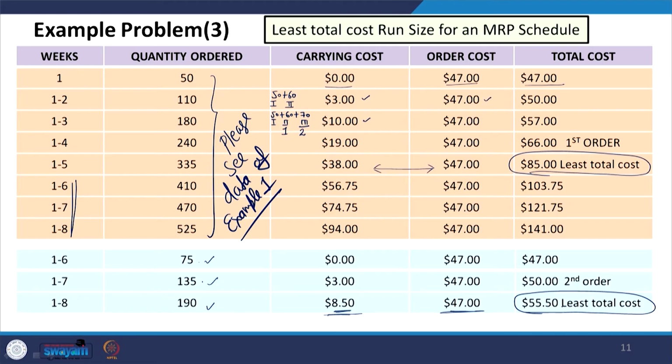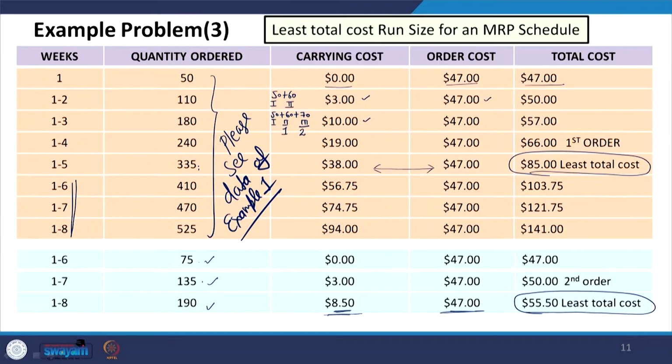So, you will place two orders, one from this table and second from this table, and this way you will be able to fulfill the requirement. Now you have decided how much you are going to order.